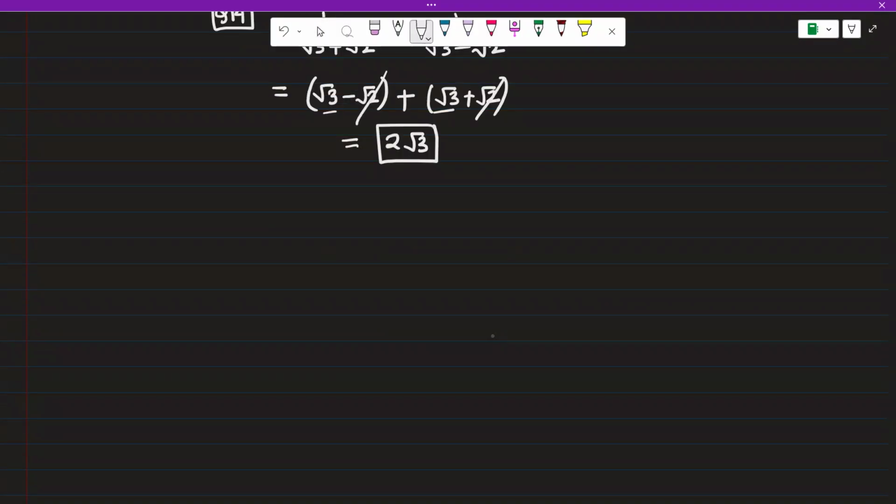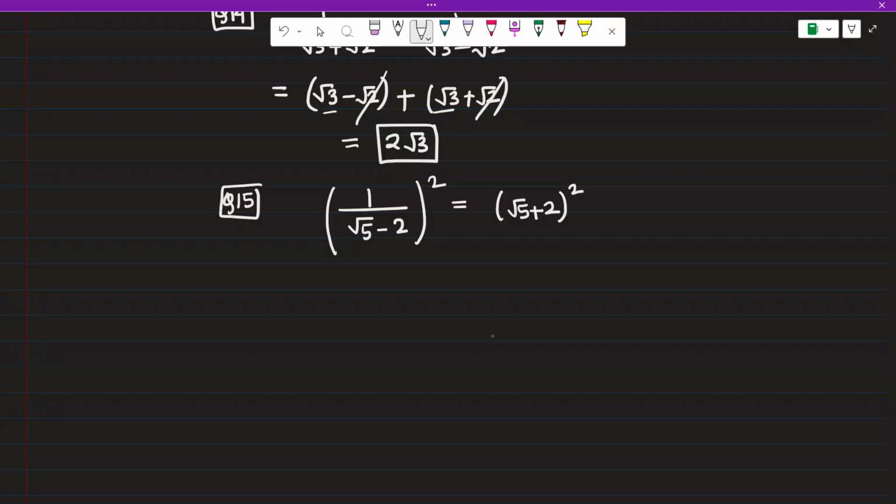Let us do the next problem, question 15. 1/(√5 − 2)². If you rationalize 1/(√5 − 2), we get (√5 + 2)². Now this is equivalent to 5 + 4√5 + 4.